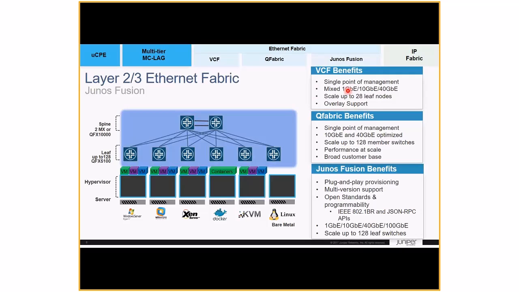And we can have a whole mix. We'll have EX switches down here and QFX switches at the leafs so that we can support 1 gig, 10 gig, or 40 gig. We can scale in QFabric up to 128 members, and they all have the open standards of programmability so that we can do more automation.